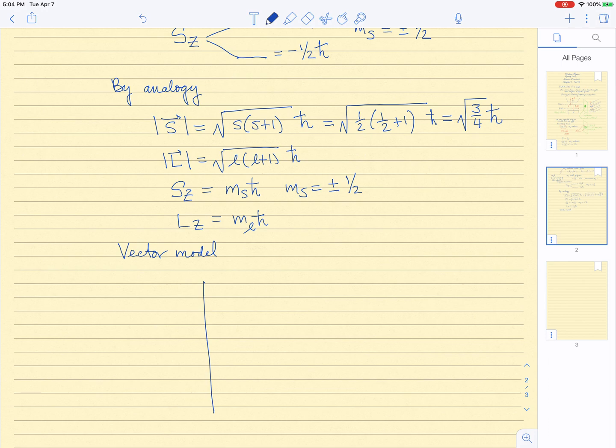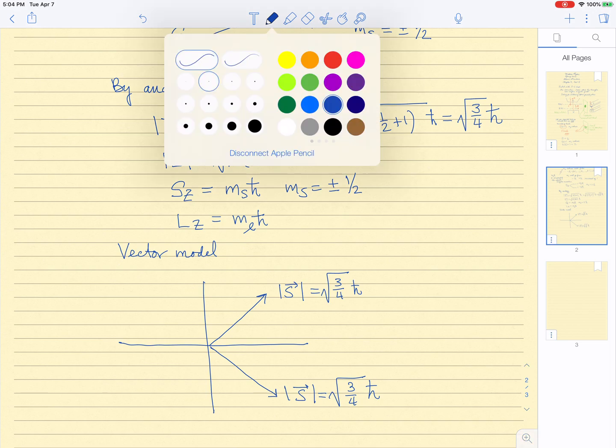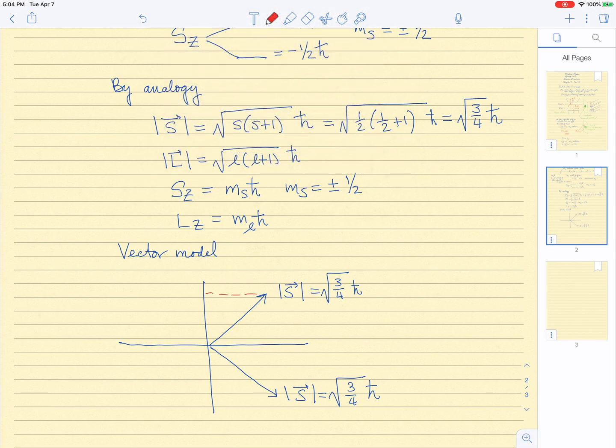If we have our vectors of magnitude s, which is equal to the square root of 3/4 h bar, and now we have the z component of the angular momentum, and that would be this length here and this length here.